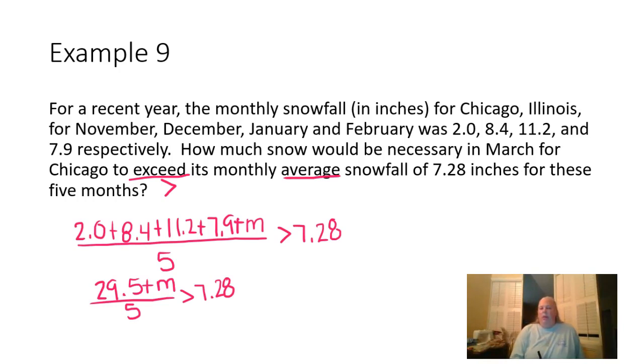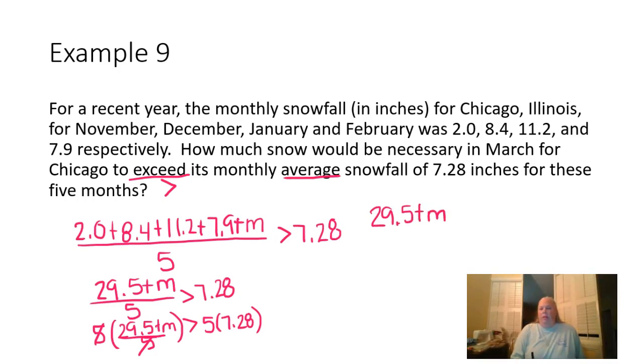Let's multiply both sides by 5 and eliminate the fraction. 29.5 plus M divided by 5, and we know those are going to cancel, is greater than 5 times 7.28. This is going to leave me with 29.5 plus M is greater than 36.4.